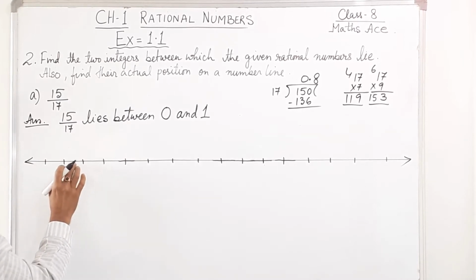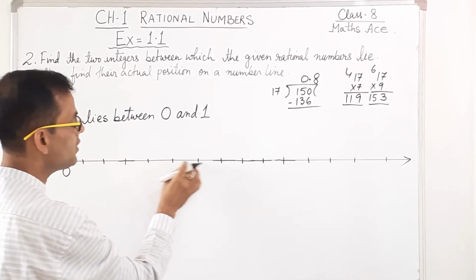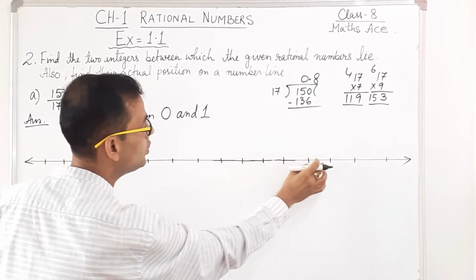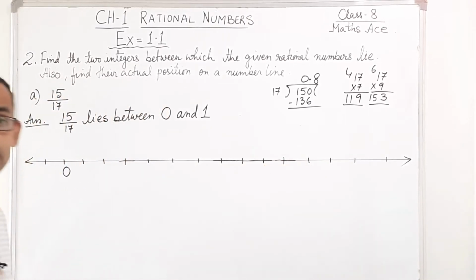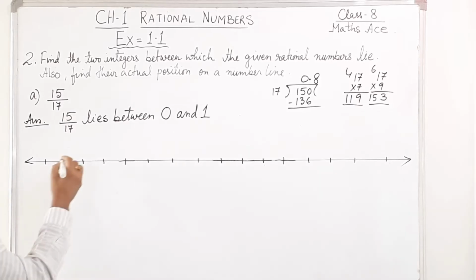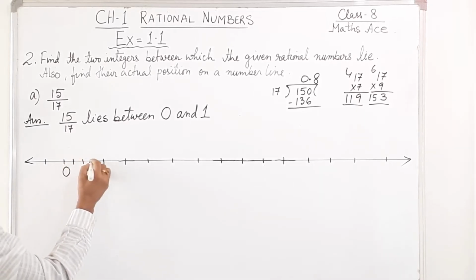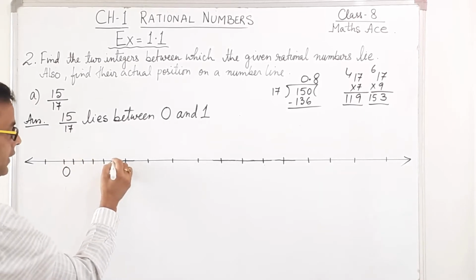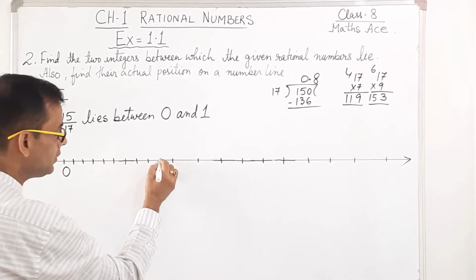If I count 1, 2, 3, 4, 5, 6, 7, 8, 9, 10, 11, 12, 13, 14. So if I take 1 centimeter, then 14 boxes are coming, but I need 17 boxes. Then what will I do? I will take half centimeter. Okay, like this way, half centimeter.